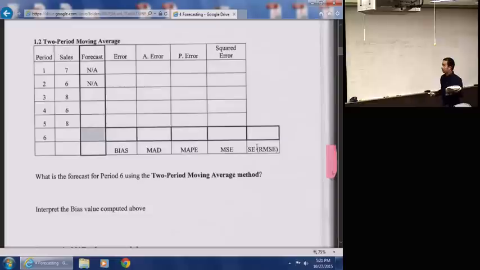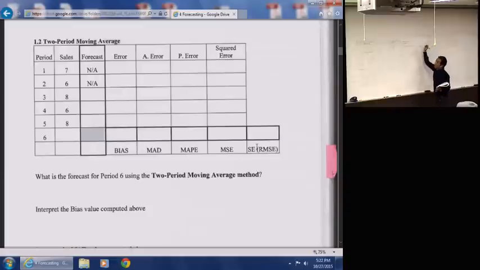So how did you get the prediction? The model we're looking at is the 2-period moving average, so it follows the equation: Y_t prediction equals Y_(t-1) plus Y_(t-2), divided by 2. It means that today's value is going to be an average of the past 2 values.